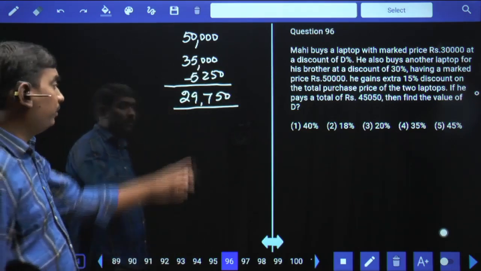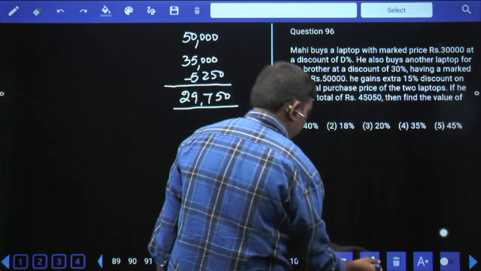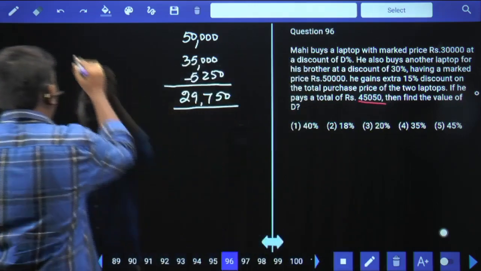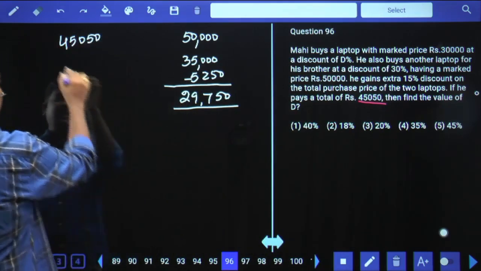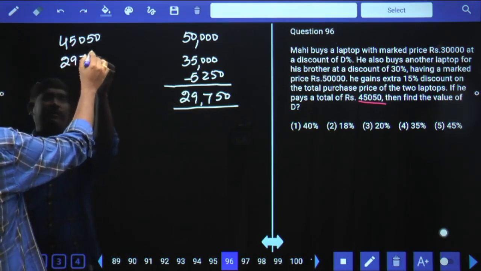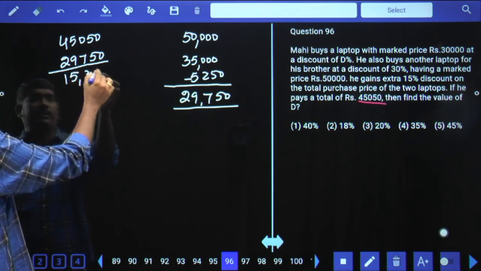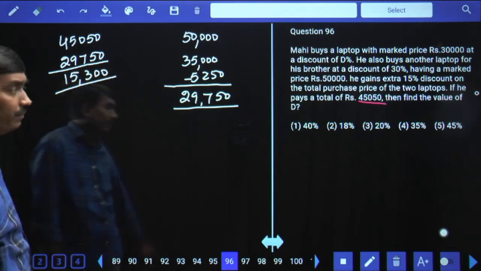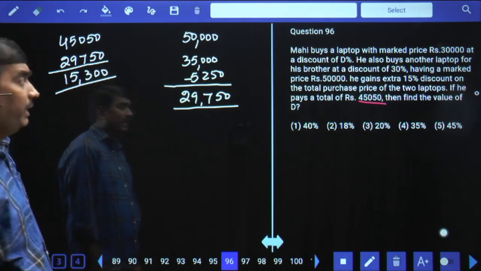Brother's laptop is 29,750. Out of 45,050 rupees, the remaining price, 15,300, belongs to Mahi's laptop.